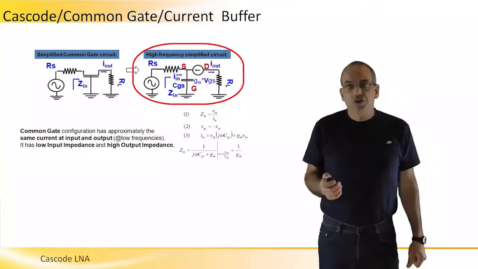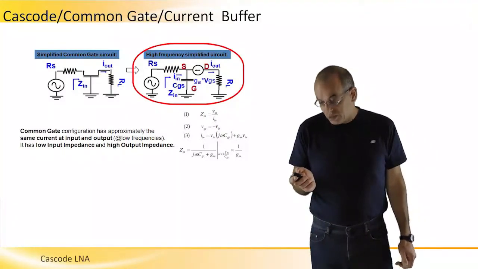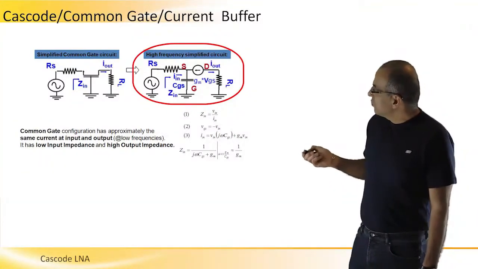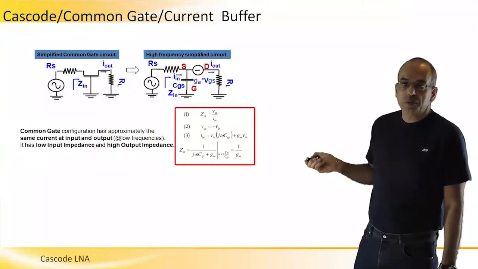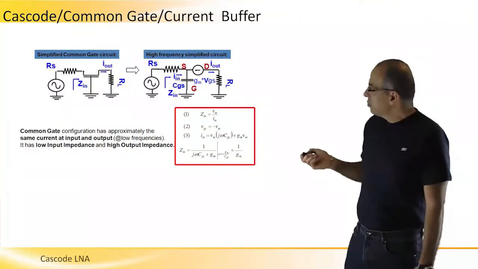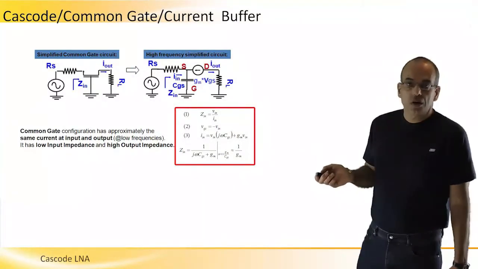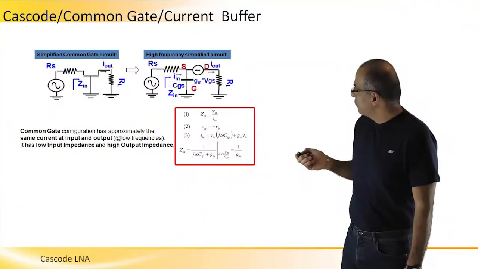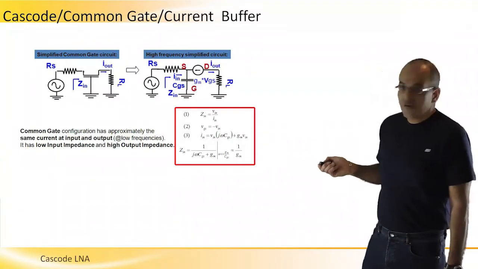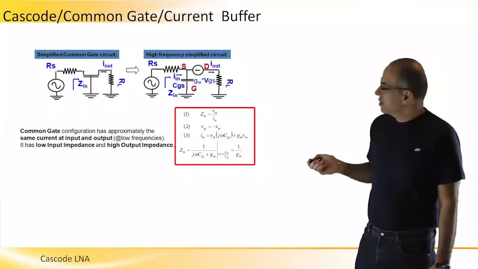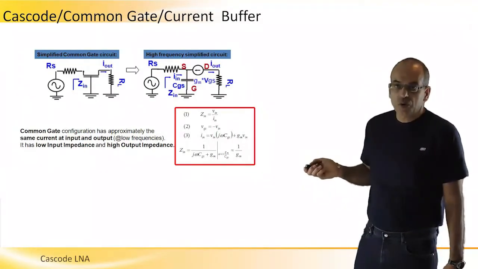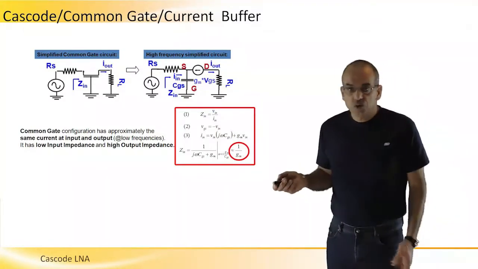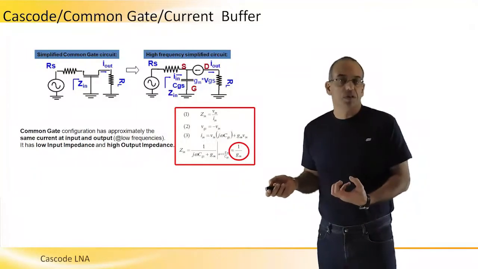What we can also learn about this common gate current buffer is that if we analyze the input impedance of this circuit by using Kirchhoff's laws, just to find V in over I in, what we find is that Z in can be approximated as 1 over GM, which is a real part and usually a low impedance.